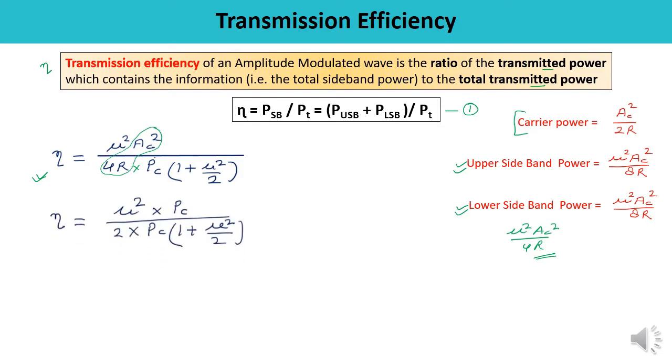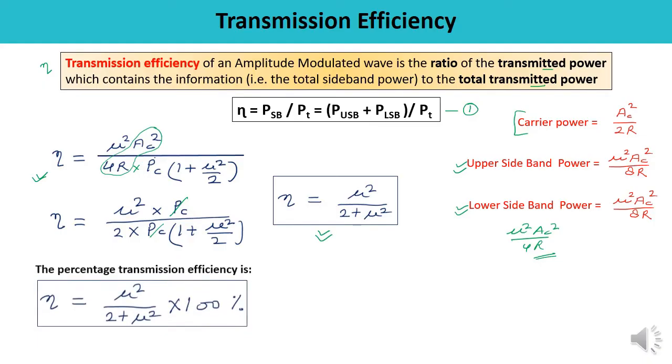So you can simplify it as mu square into PC upon 2 into PC into 1 plus mu square upon 2. Now PC will cancel out. Mu square is in the numerator, while in the denominator you get 2 plus mu square. So this is the transmission efficiency.